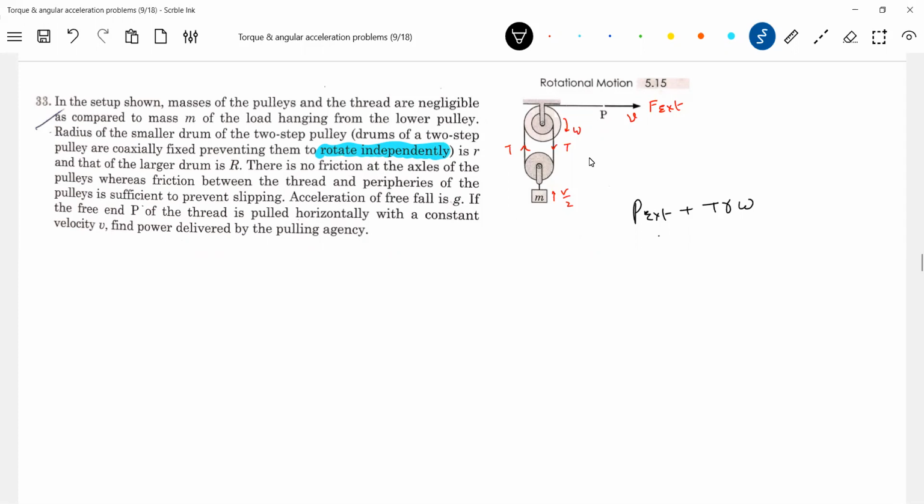As it moves with a constant speed v, here mg by 2, and here the tension, let it be 2t. So 2t should be equal to mg by 2. And the tension here does negative work, minus 2t into v equal to 0.